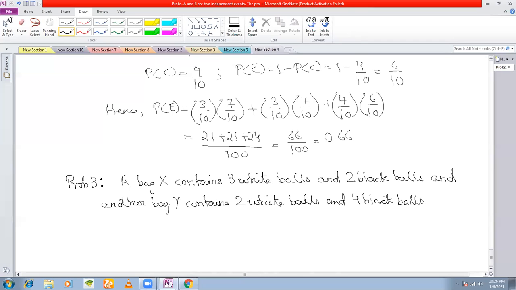Okay, so 2 bags, right? A bag and a ball out of it are picked at random.